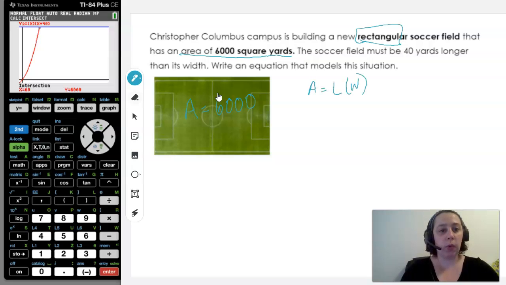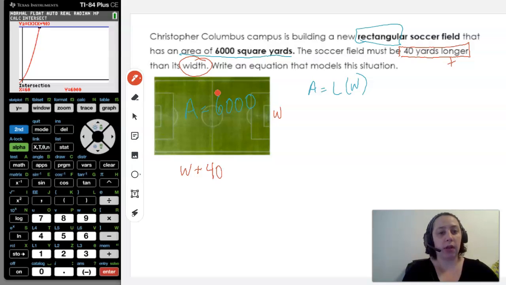We know that we're going to be in terms of width here, and that the other side is 40 yards longer. So that means, remember, longer is plus, so that's W plus 40, because it's 40 yards longer than its width.